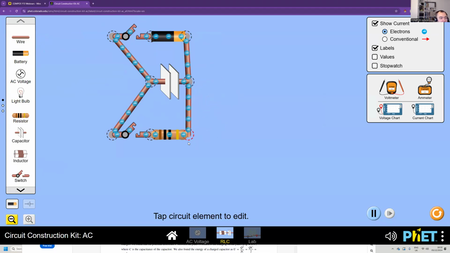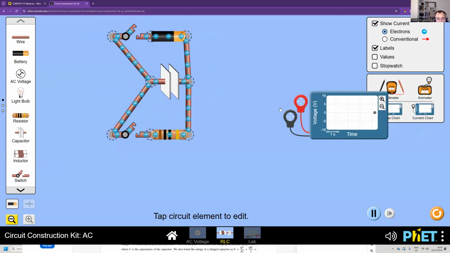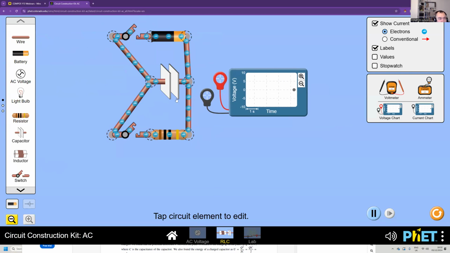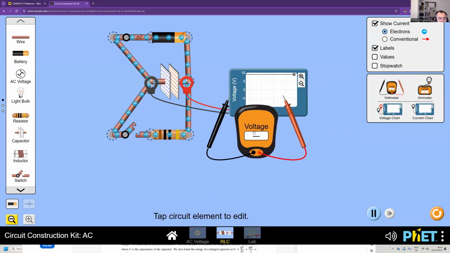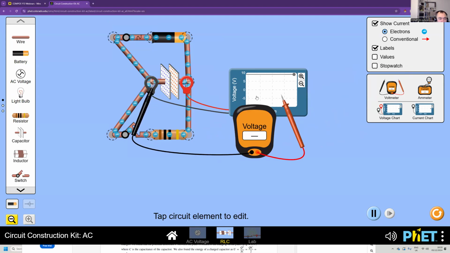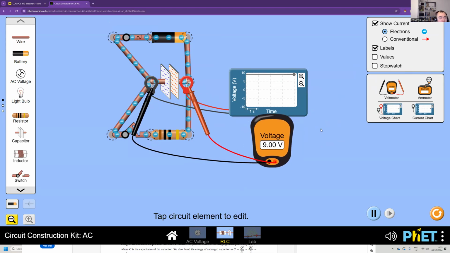Okay. So first of all, let's look at the voltage on the capacitor. First you charge the capacitor, and the voltage quickly becomes +9, 9 volts.